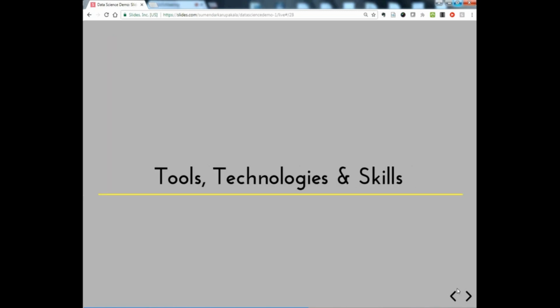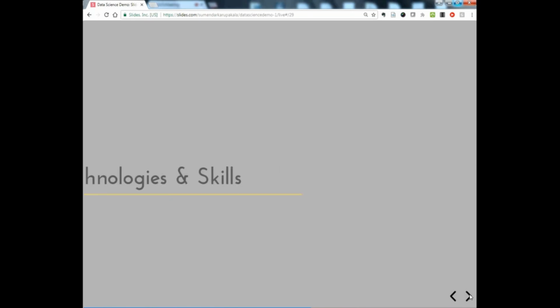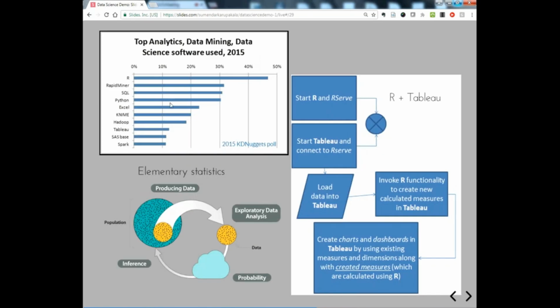And the next most important part is the tools and technologies and the skill set. Our goal is mainly R programming. R programming is our first primary tool to handle data science. In every part of this analysis or statistical work, R plays a main critical role.